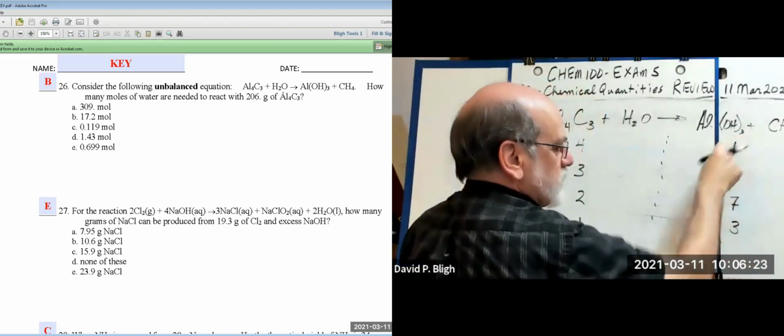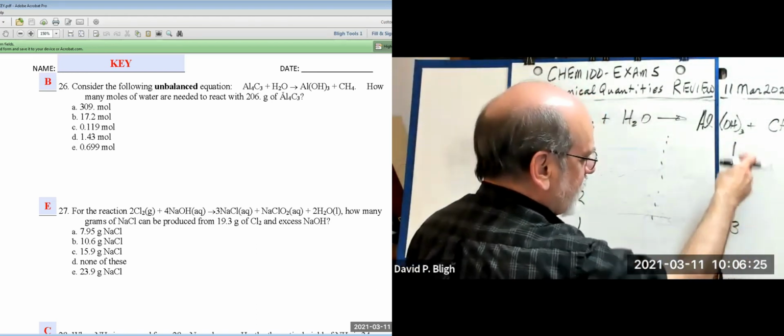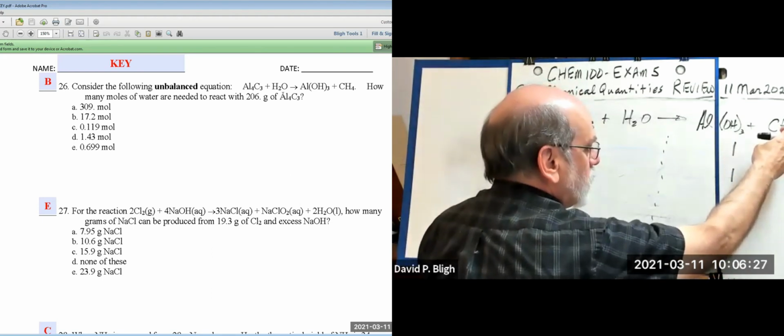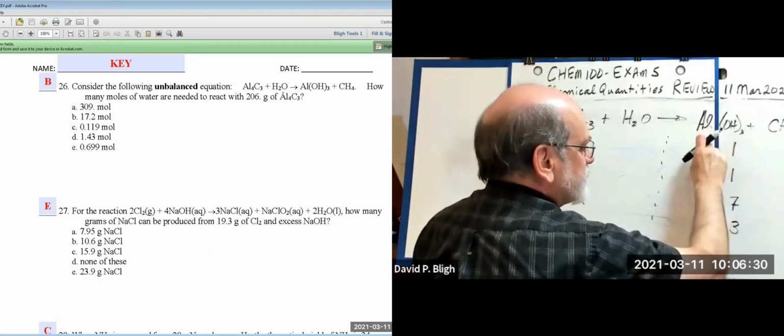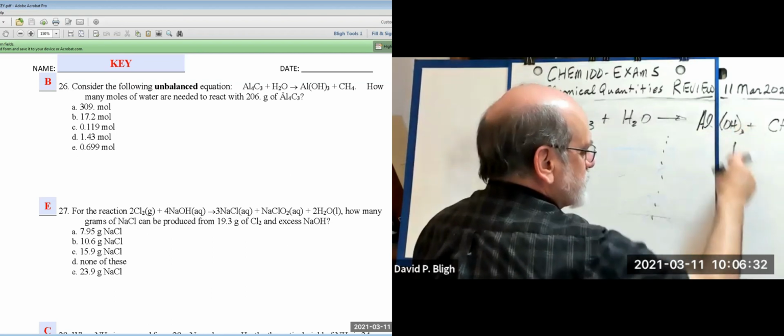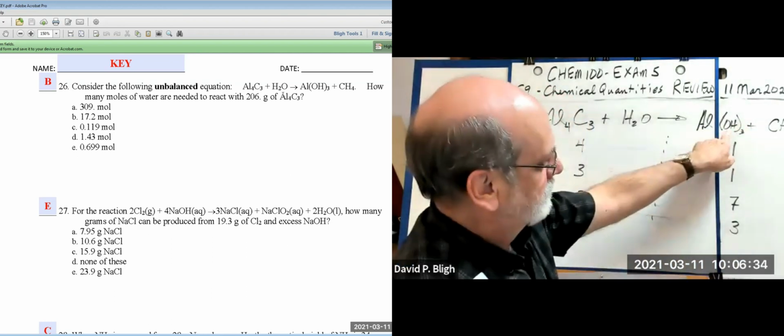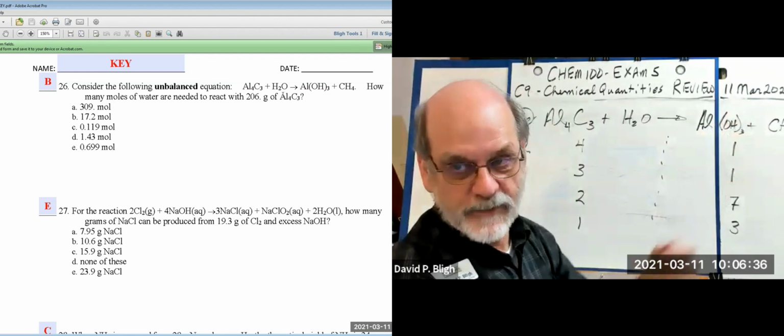Don't forget the subscript. So that's 10, 11, 12. 2 times 3 is 6, plus 6 is 12 atoms.